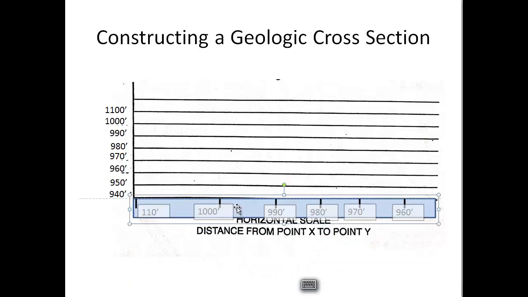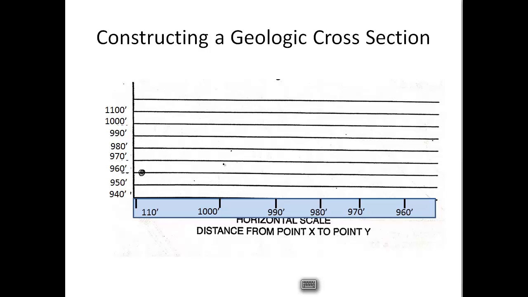Only this time, we're going to be plotting both the surface elevations and the depth elevations to granite on the same graph here. So if we begin, we know that at point X, the surface was at 1,000 feet.